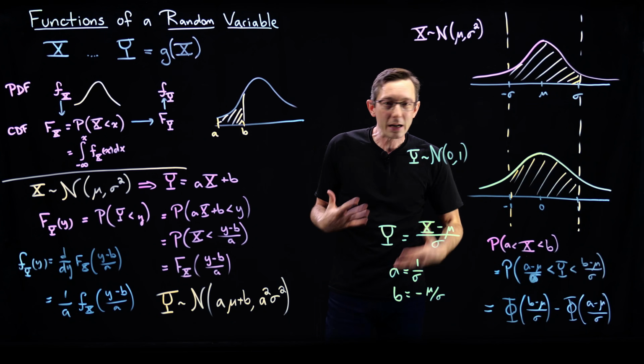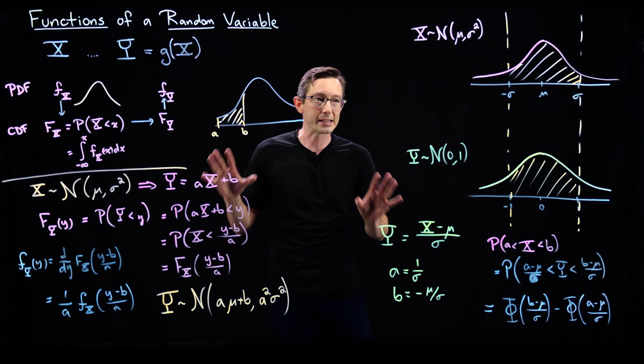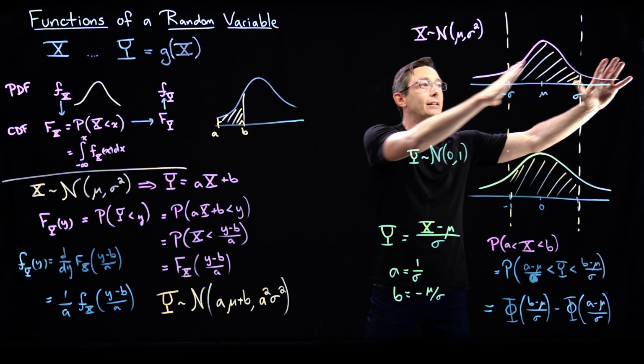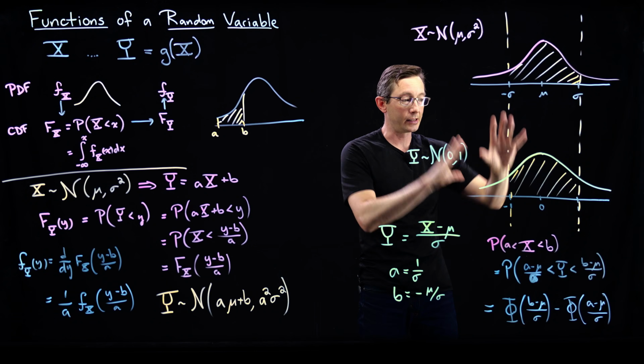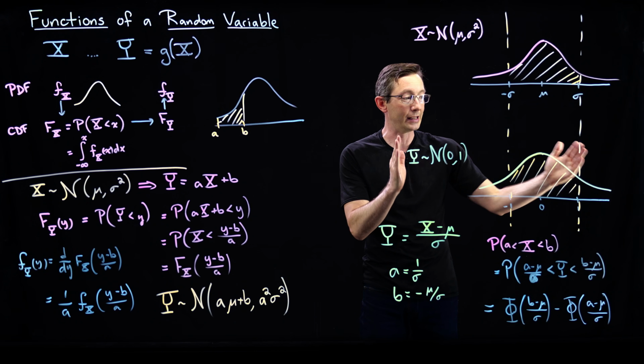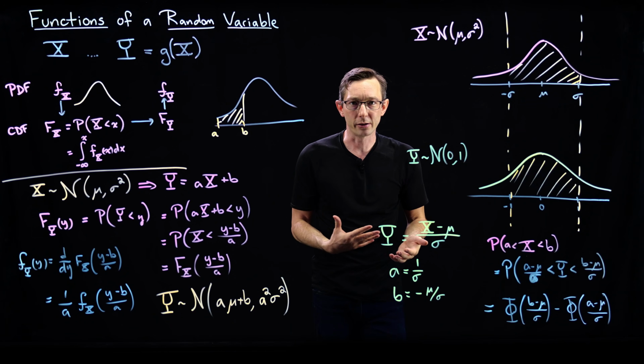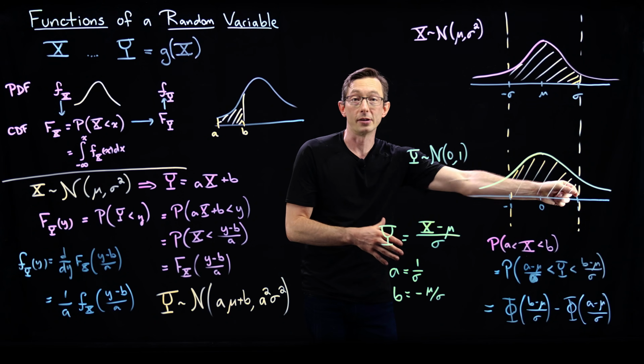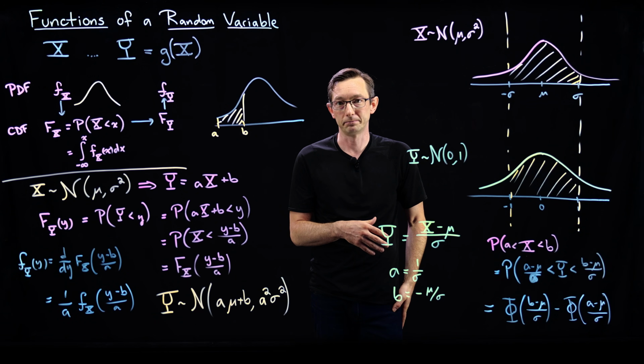So that's a rough sketch of one of the ways you would use this basic linear function: to subtract the mean and scale the variance so that you can bring your normal distribution into the standard unit normal, where calculations are easier and everything makes a little more sense. Okay, thank you.